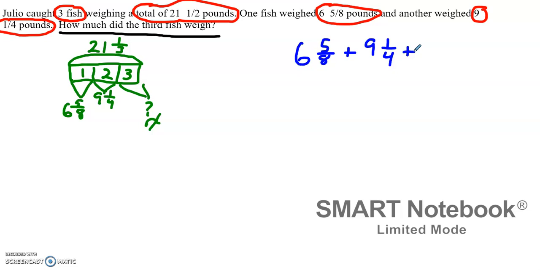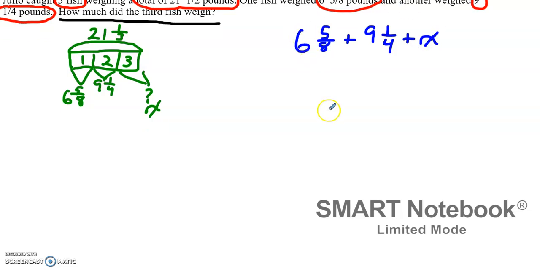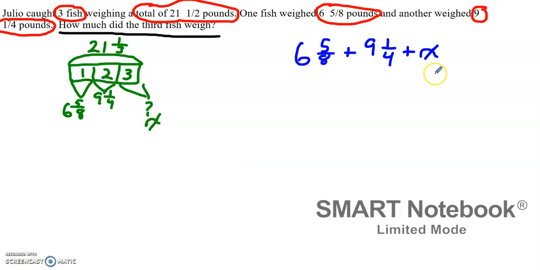Now you're used to drawing a box for the unknown, but we are now 5th graders, so we need to start using our variables. Remember, our variables can be any letter of the alphabet. I chose X. I do try to stay away from certain ones like L, because it could look like a 1, and O, because it could look like 0.